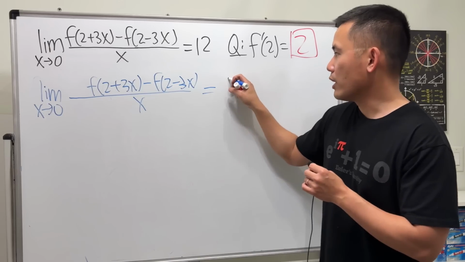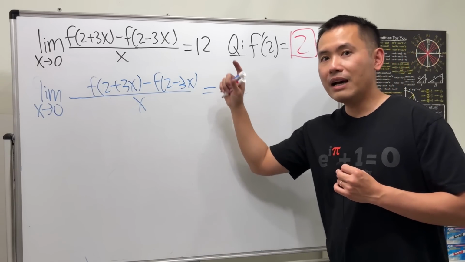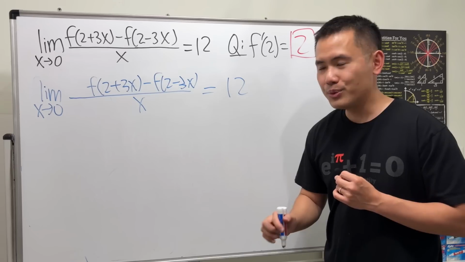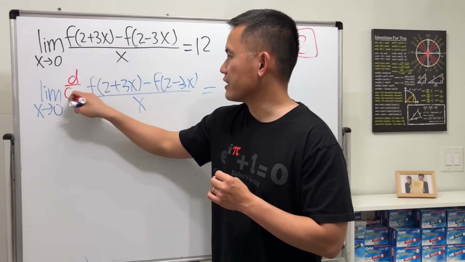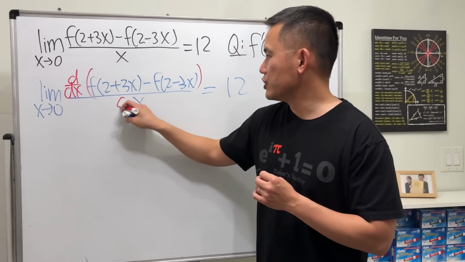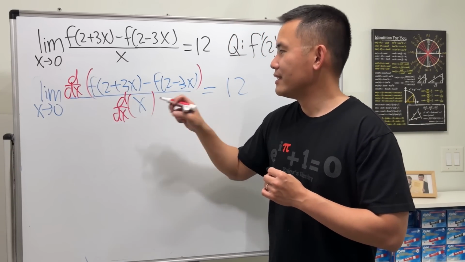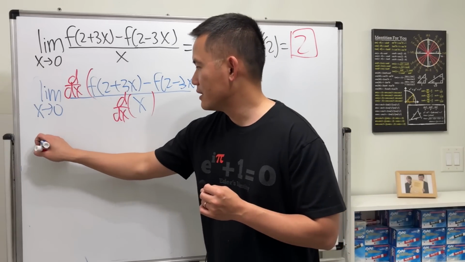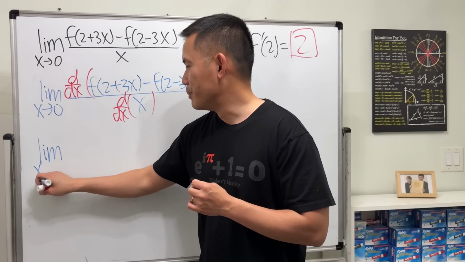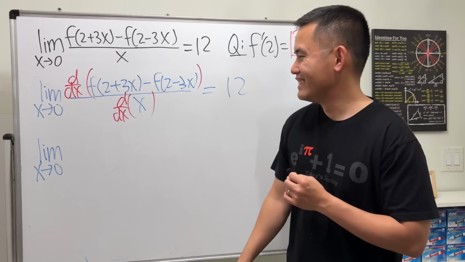And this is still equal to 12. When we have 0 over 0, we can do L'Hopital's rule, and we can just differentiate the top, and then differentiate the bottom. But seriously, don't do it. This is not really a beautiful solution for this particular question.